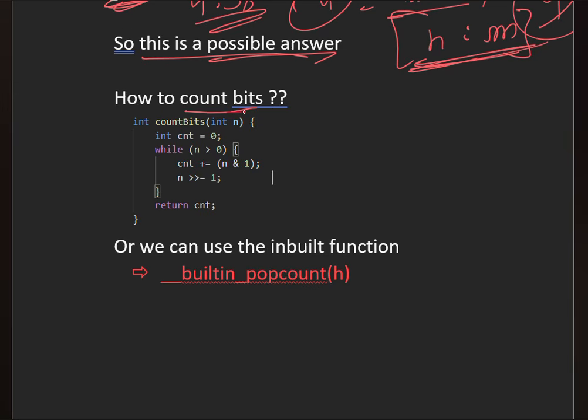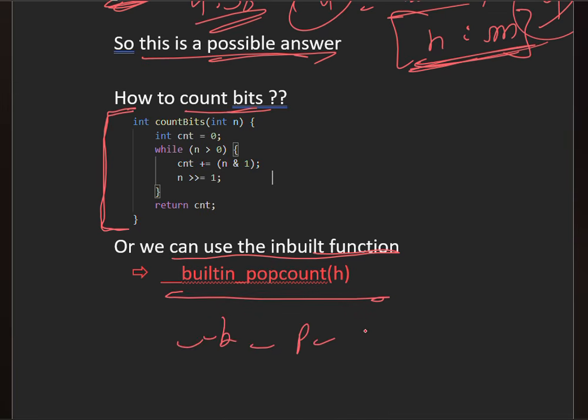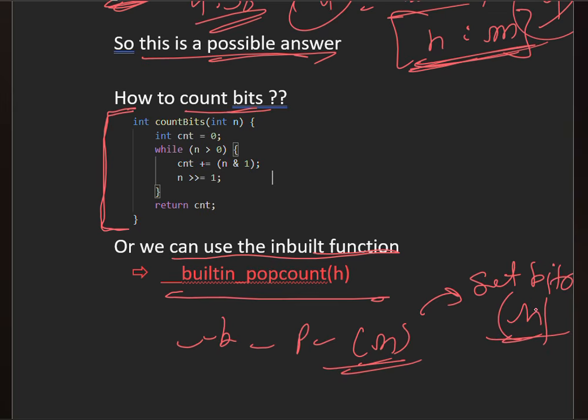For this we can use either our own functions that we have made, or we can also use the inbuilt function. This inbuilt function, __builtin_popcount of any n, will return us the number of set bits in this n, right? Or we can use our own function, that is int n.